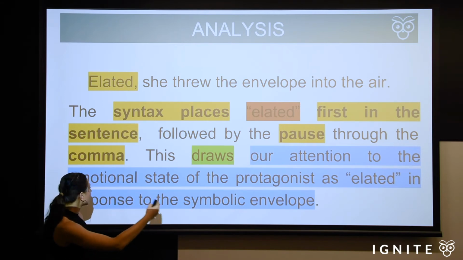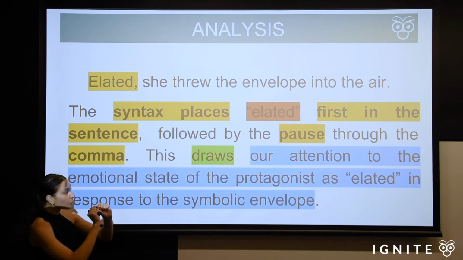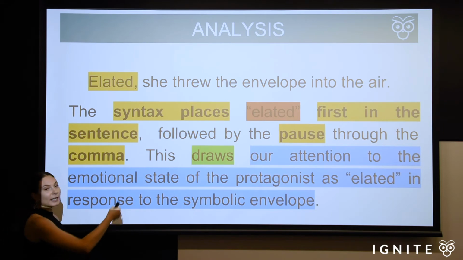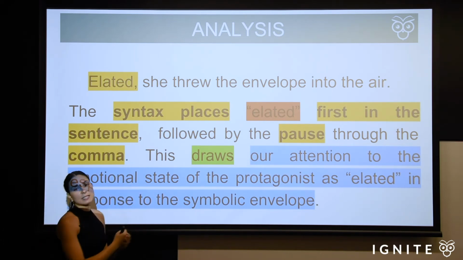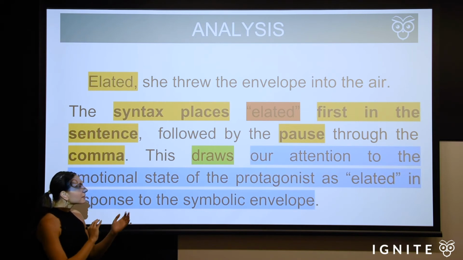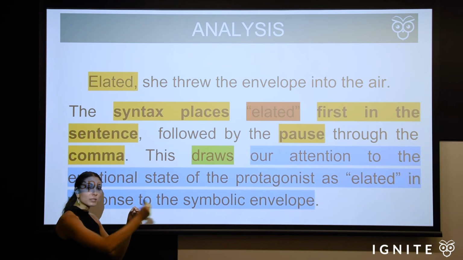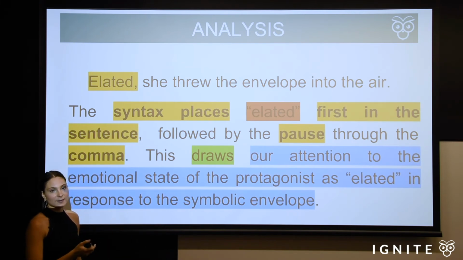This draws our attention to the emotional state of the protagonist as elated. I've brought my quote into my analysis in response to the symbolic envelope, and I've made something of the envelope to suss out why she's responding in this elated way. As you can see, we've taken the syntax, we've commented on how it's actually unfolding within the sentence, and we've attributed some meaning to the use of the syntax there.